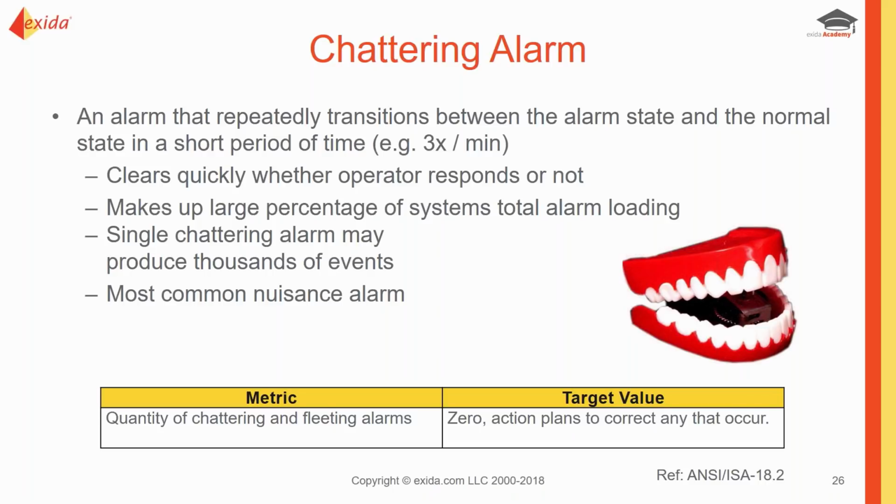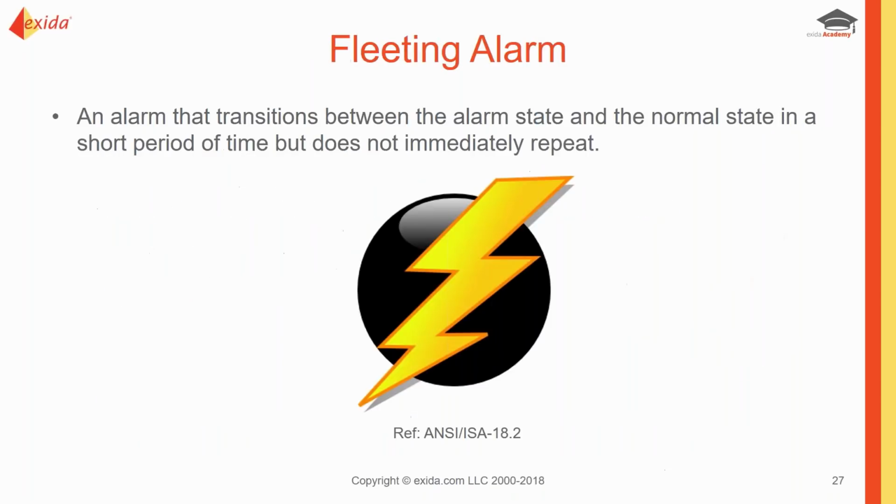So that can be very frustrating. It can be very difficult for them to concentrate, to focus on what's going on. So that's one of the reasons why we want to eliminate chattering alarms as much as we can. And you can see the standards push to say, yeah, you should not have any chattering alarms, or if you do, you should be making plans to correct or fix them.